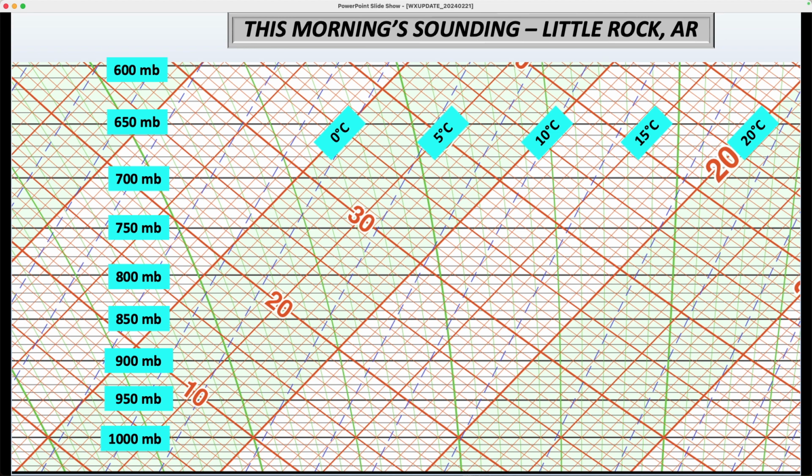So you've got 0 and 32. The Celsius goes up 5, and the Fahrenheit goes up 9. So 0 plus 5 is 5, and 32 plus 9 is 41. So we know that 5 degrees Celsius is 41 degrees Fahrenheit.